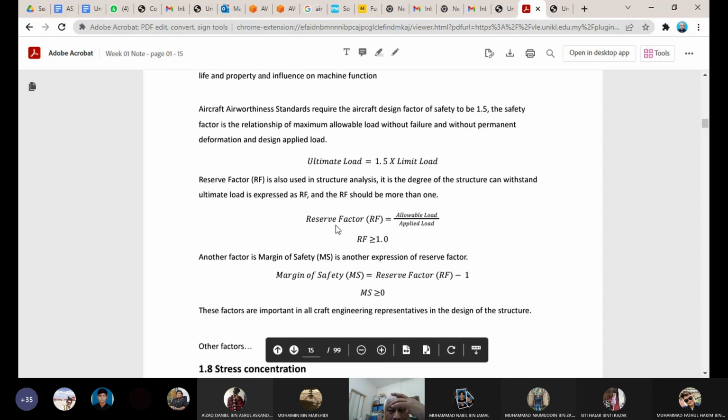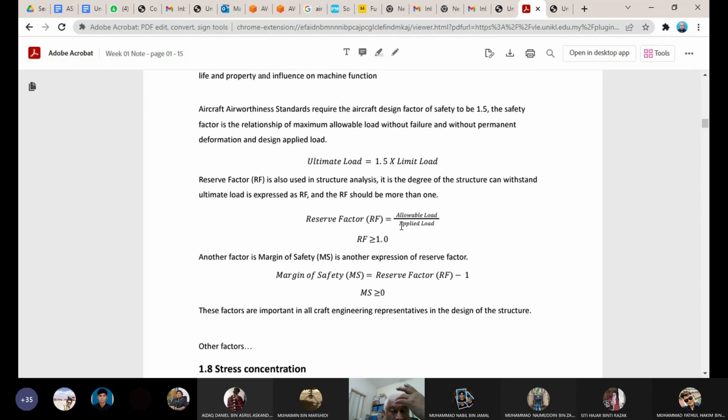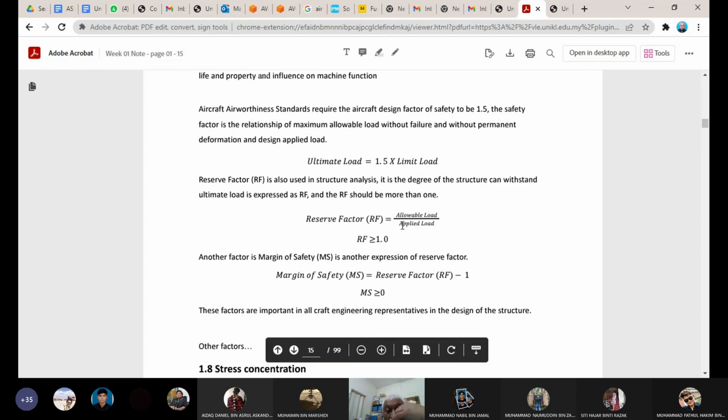However, for the reserve factor, we are able to accept higher than 1, because not all structure needs to be 1.5, only the major load carrying structure. Structures like secondary panels and non-structural panels can use the reserve factor. A reserve factor higher than 1 is acceptable. Another one is margin of safety, which is the reserve factor minus 1, so it should be more than 0. Anything lower than 0 is not acceptable. Any questions on that?